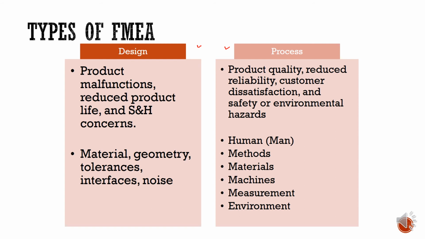These issues are mainly caused by factors normally known as 5M, and another one is E. So M represents man for human factors, methods that have been used, material that has been used, the type of machine that's been utilized, measurement systems that impact the failures, and the last one is the environment factors on the process performance. So these are two types of FMEA.